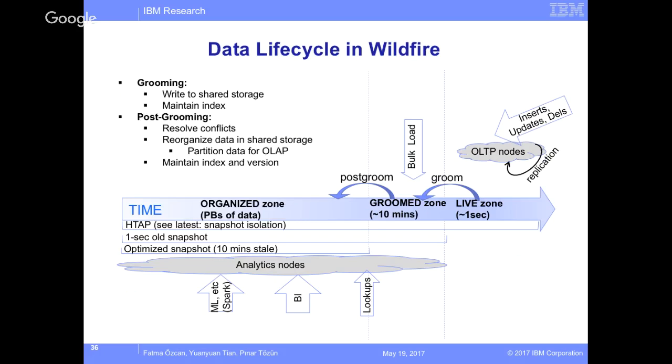Looking at the heterogeneity of the systems, would you conclude that no one size fits all? I would say yes, because it depends on the application requirements. Some applications don't really need to query the latest data, and for them a very loosely coupled system is good enough, and they're happy with that.